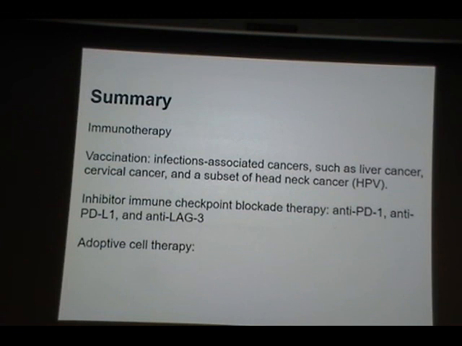So I just want to summarize. Actually, at the last minute I removed some slides because I thought about vaccination, which is considered immunotherapy. I think you will have lectures regarding HPV.